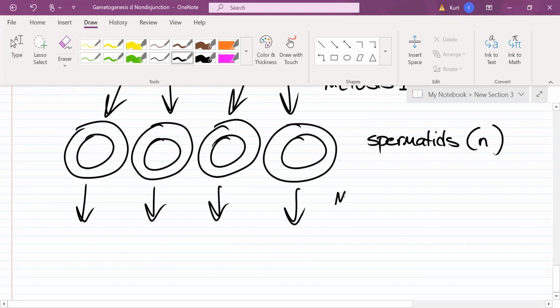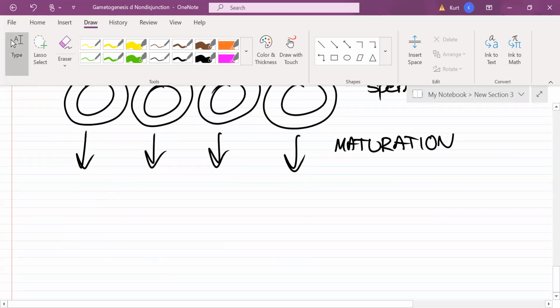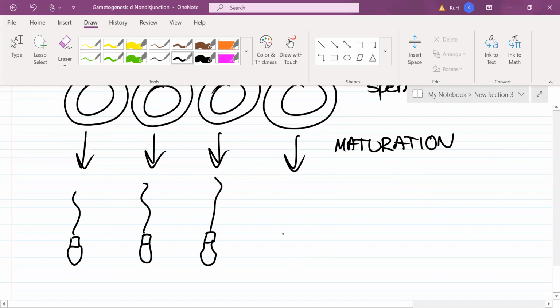Then you have maturation, and these are going to form sperm cells. Sperm cells are actually very easy to put together. It's basically just 3 things.